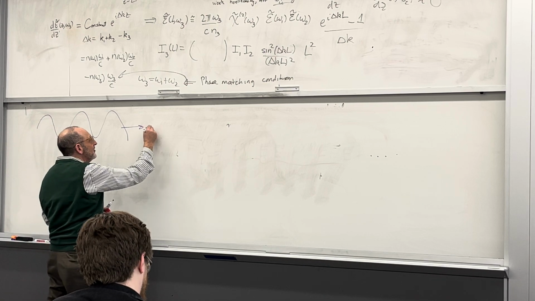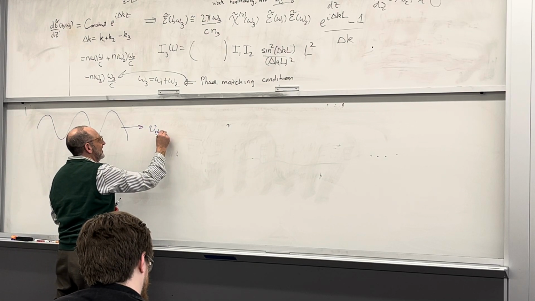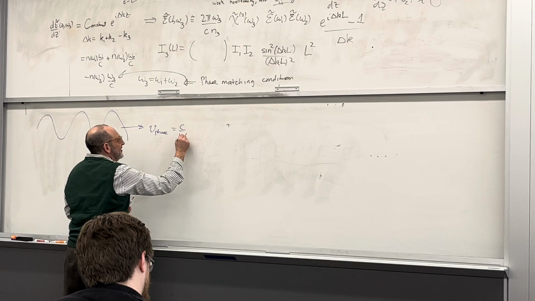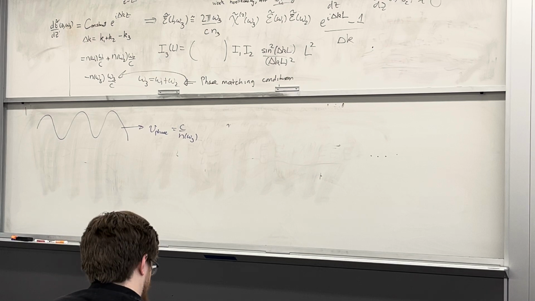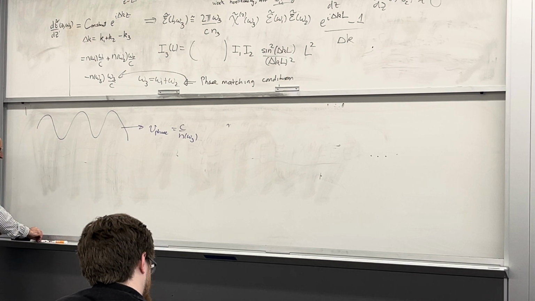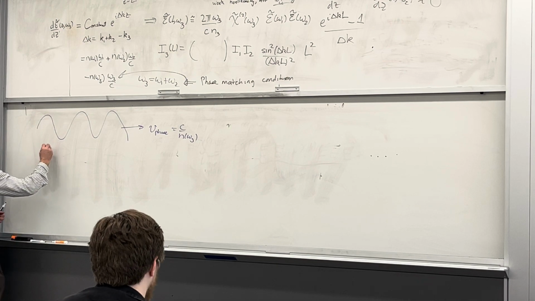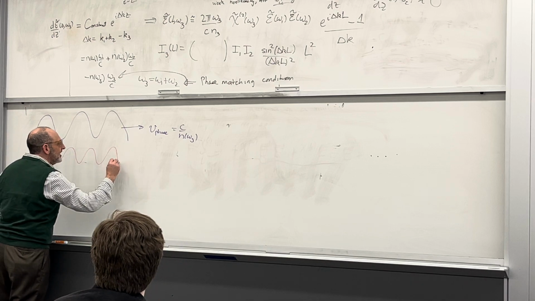It has some phase velocity, c over n. But this field is coming from the beating of two polarization waves.